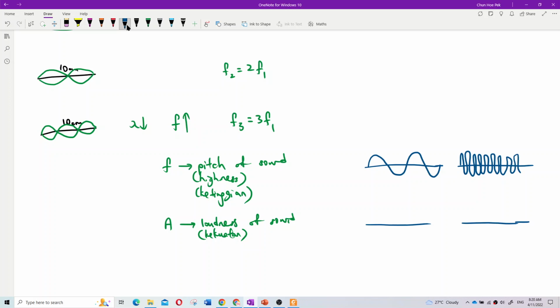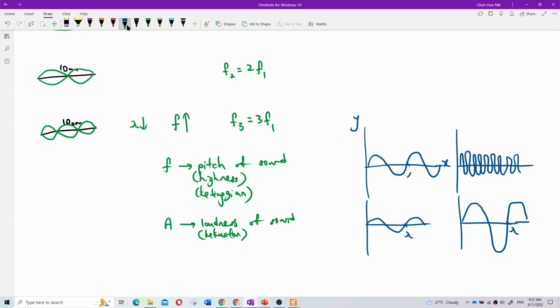Okay. Understand, class? This is a y versus x graph. x, lambda.